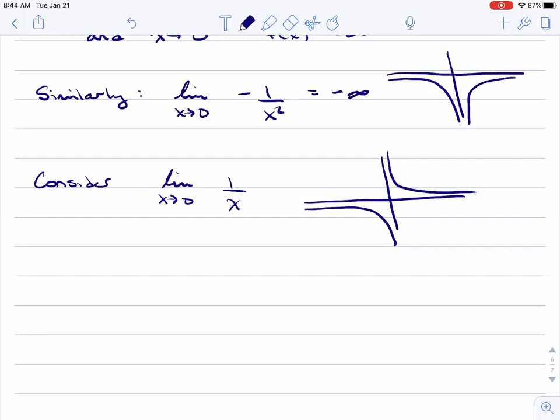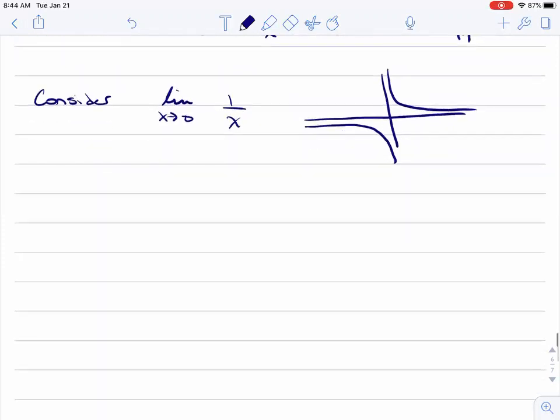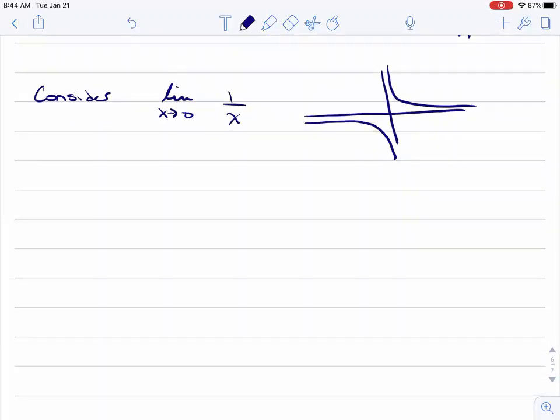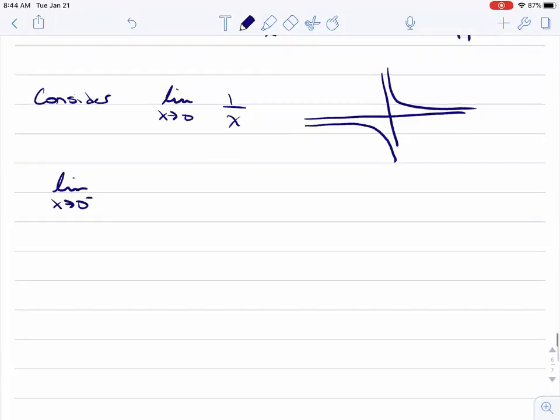The individual limits don't exist, but they don't exist in that special infinity way, right? And so here we can say that the limit as x approaches 0 from the left of 1 over x, from the left, it's negative infinity.